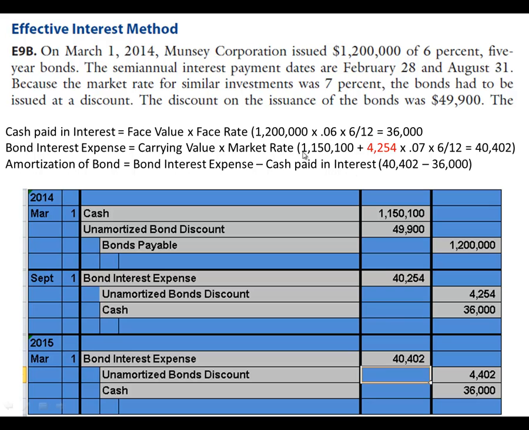So in order to get $1,150,100 to equal 1.2 million, we're always going to have to add the amount that we amortized in the previous interest payment. So this becomes our new carrying value times our 0.07 times our 6/12, which gives us a bond interest expense of $40,402.